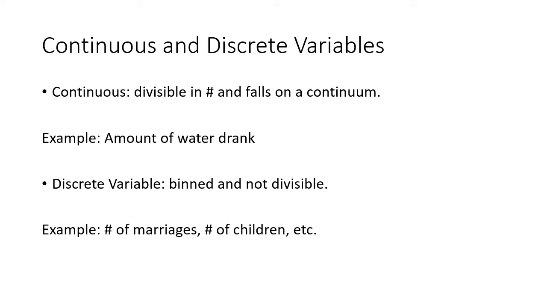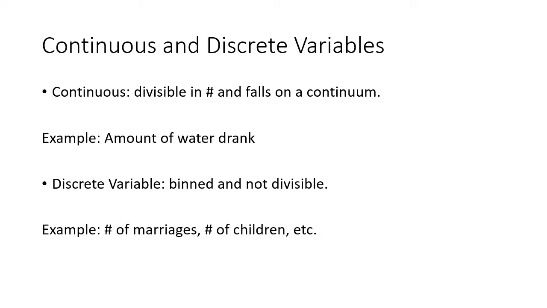Now, the discrete variable is binned and not divisible. The example would be something like the number of marriages. Well, you cannot have 1.5 marriages, right? So it's binned and not divisible. Let's say number of children. You cannot say I have 1.5 children. That's just not possible.